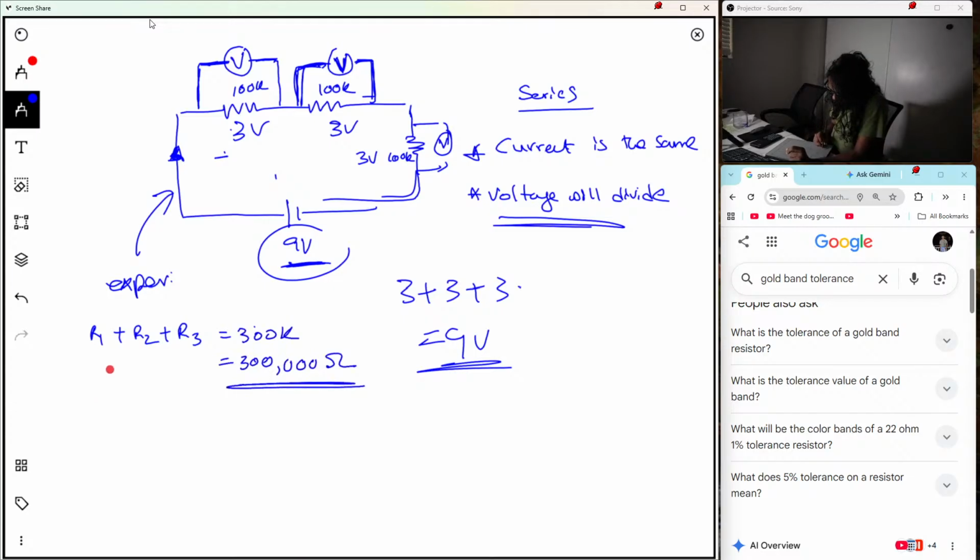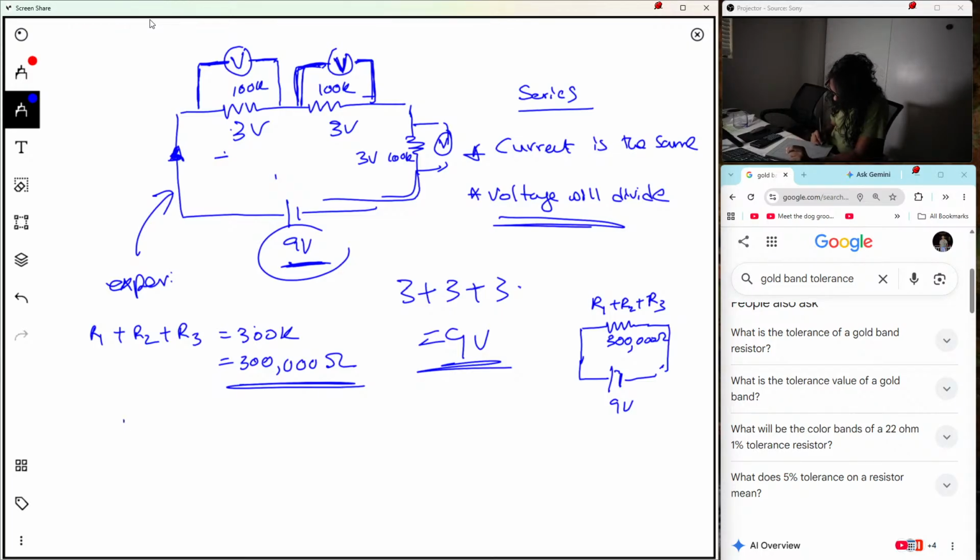Alright, so now we can simplify this. This will look like R1 plus R2 plus R3, and we are still applying 9 volts like this. That 9 volts will be applied across this equivalent resistor, which is around 300,000 ohms, right?